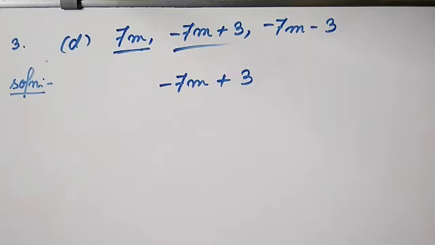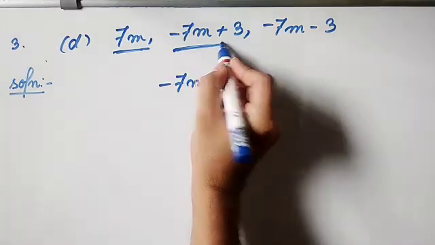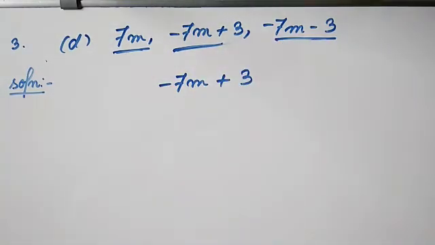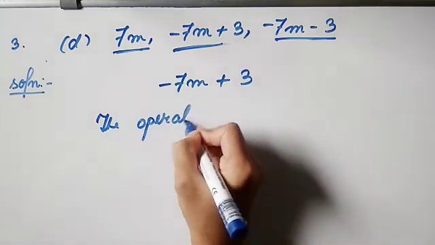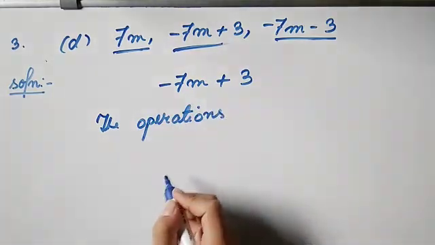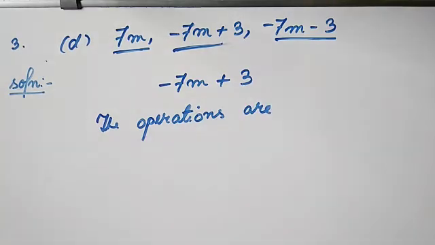Understood? So listen carefully, students. Many students will make mistakes when they write the answer for these expressions. So listen to me very carefully so that you won't make the same mistake. First of all, we have to write the operations. In this one, there will be more than one operation.